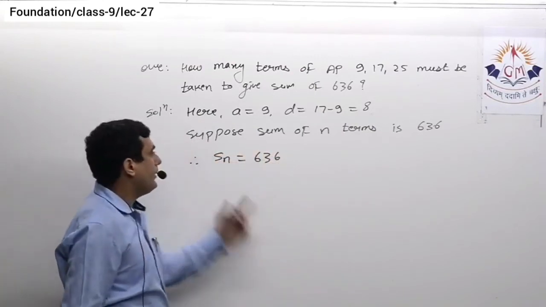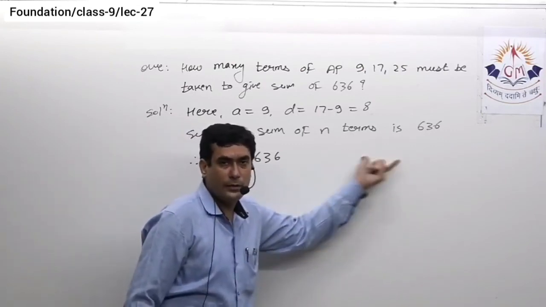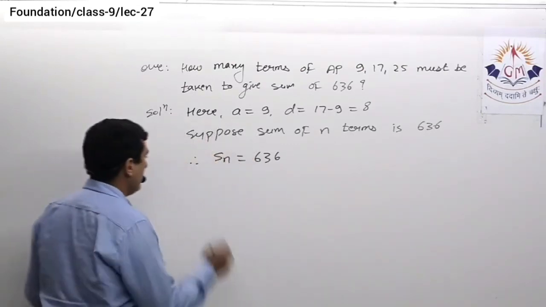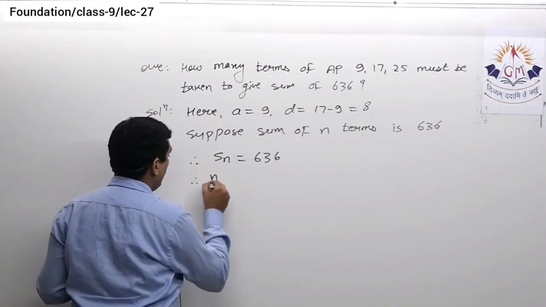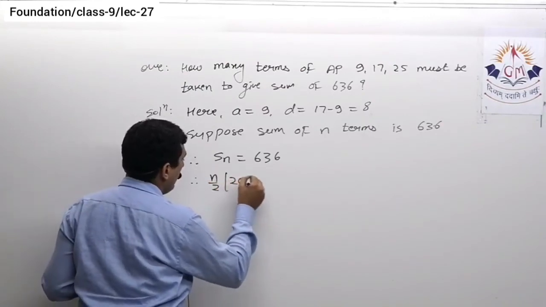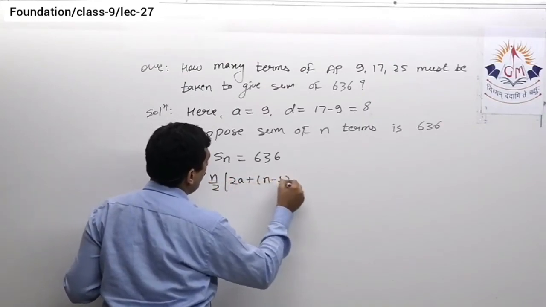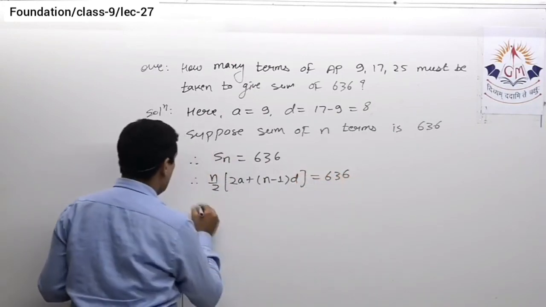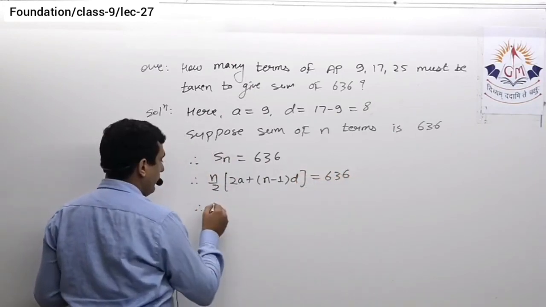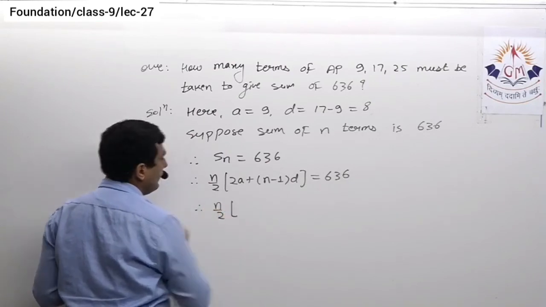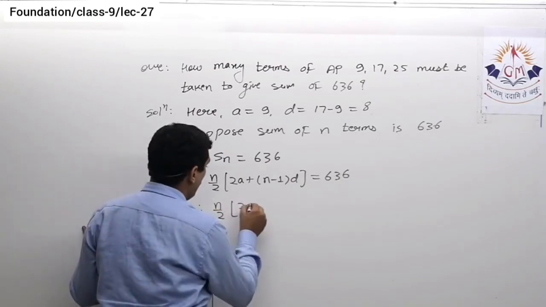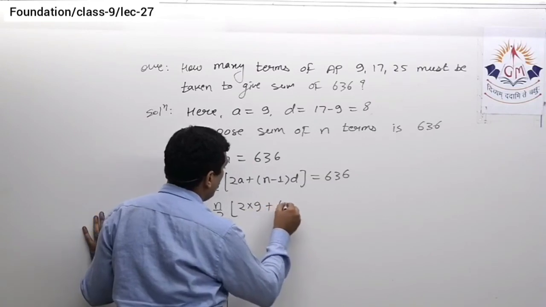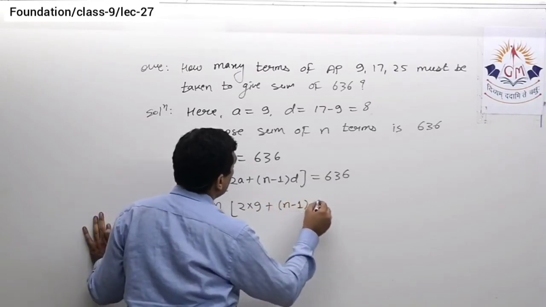As I am assuming sum of n terms is 636, that means Sn equal to 636. Now n by 2, 2a plus n minus 1 into d is equal to 636. Now what is n that we have to obtain? n by 2, 2a, that is 2 into 9, plus n minus 1 into d, that is 8.